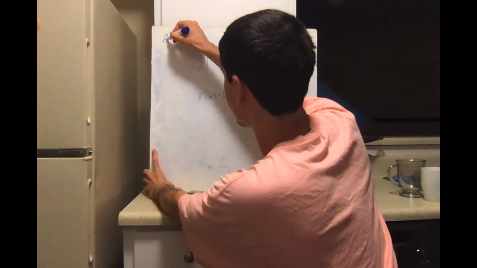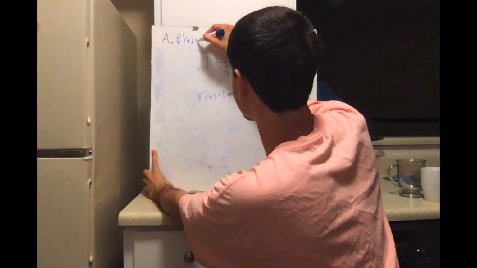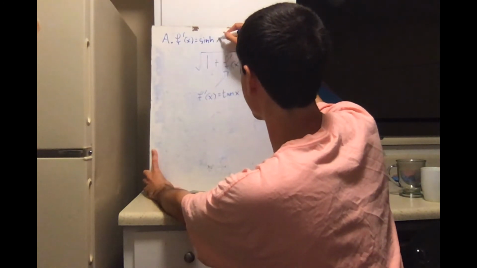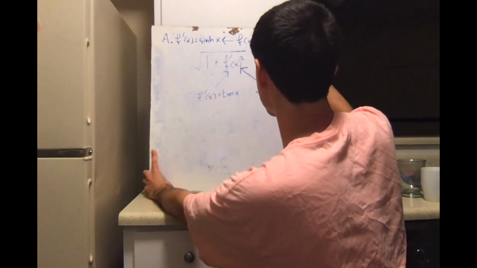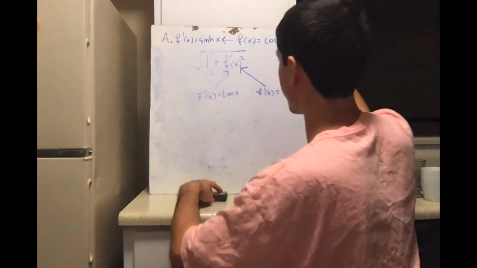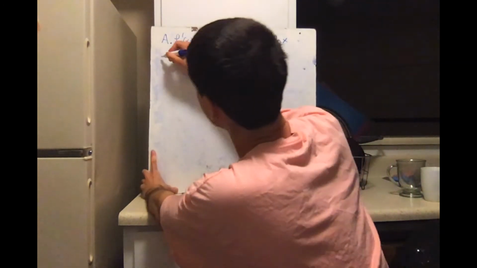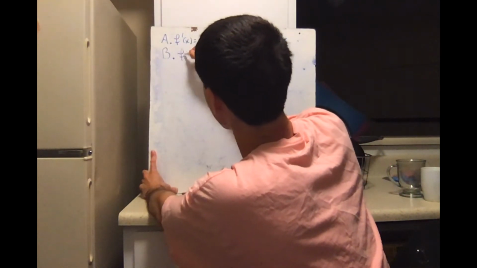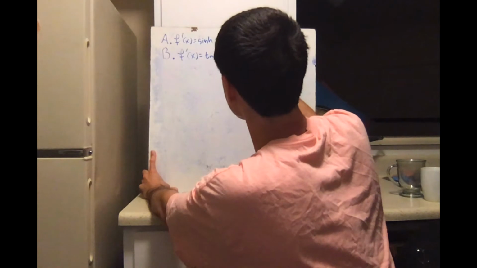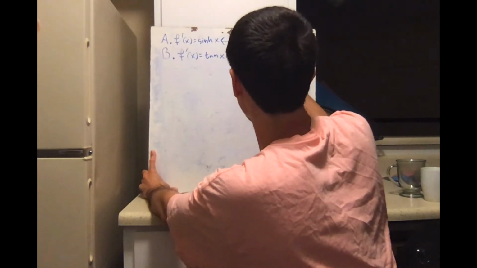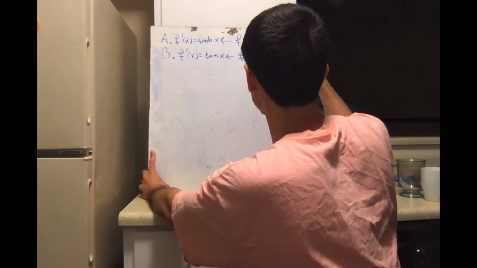I'm going to write up here, case A is f prime of x equals sinh x, and this can be accomplished by having f of x equals cosh x. And then case B is f prime of x equals tangent of x, and this can be accomplished by having f of x equals the natural log of secant of x.